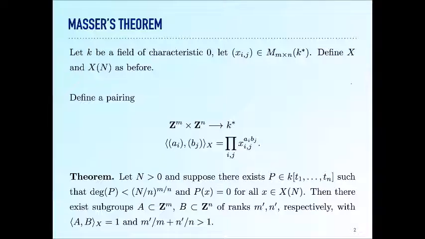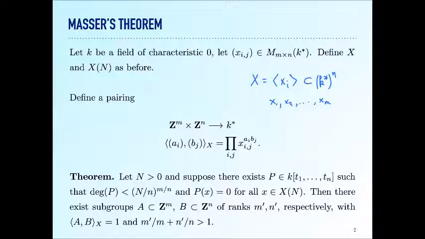X was the subgroup generated by the x_i inside of k star to the n. So this is x_1, x_2, all the way up to x_m, and x_i is the ith row of this matrix.